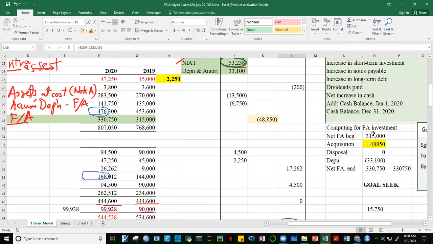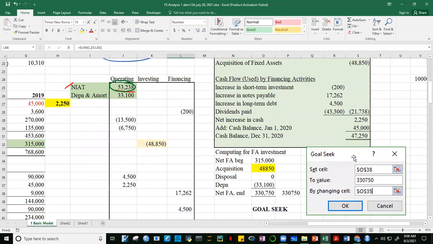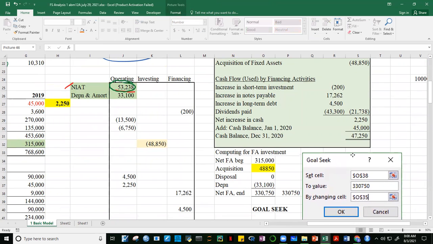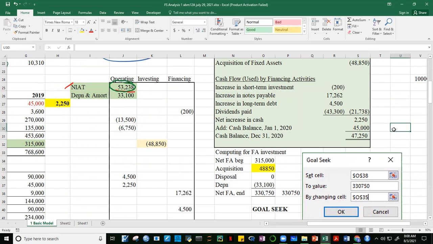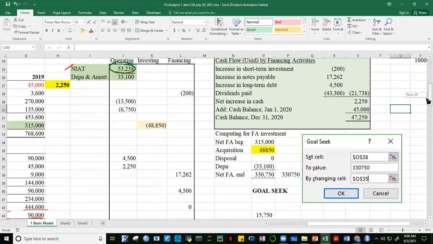Then we said if you're using this pro forma, then you can use Goal Seek. We learned about that in Excel. Sa exam guys, pag ganito, I will ask you to present yung Goal Seek nyo para makikita ko kung ginamit nyo nga talaga. Alright?